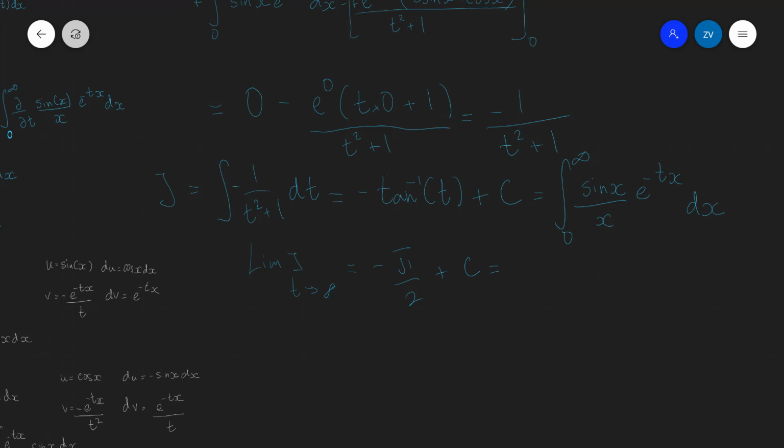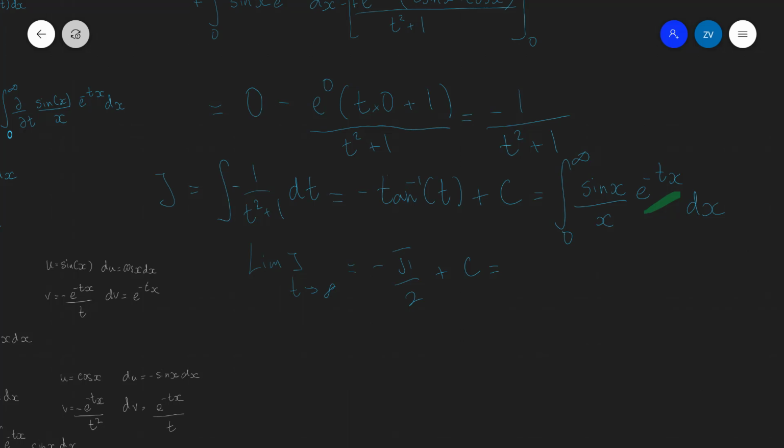And now look at the right hand side of this equation. Once again, the dominating term is e to the minus tx. So as x is increasing towards infinity, this whole function is essentially tending towards 0.